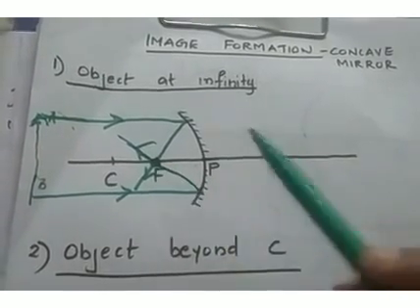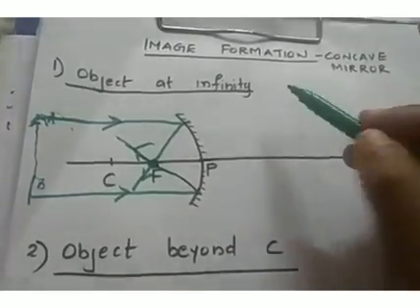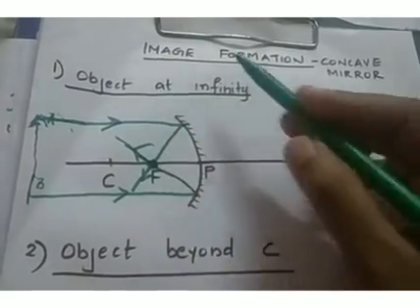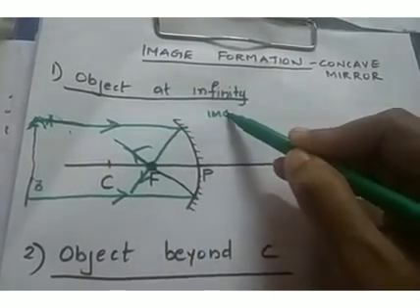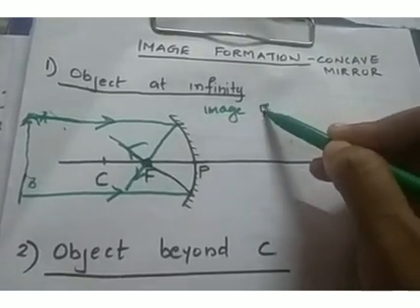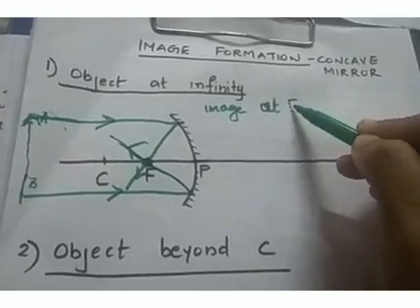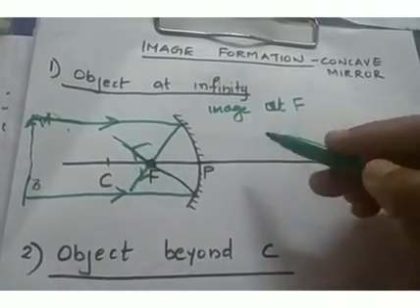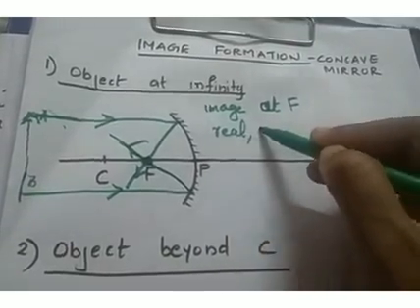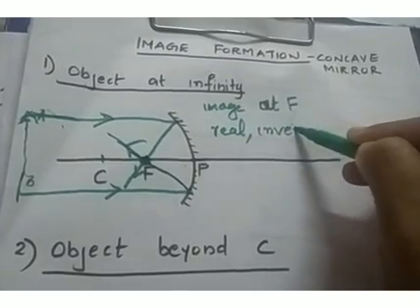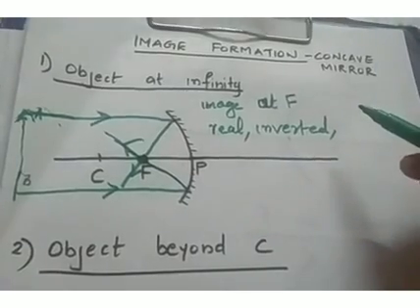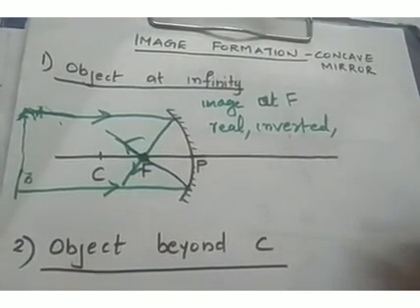At focus. So you will get the following information from this ray diagram. When the object is at infinity, where is the image? Image is formed at focus. And what is the nature of the image? It will be a real image, and since it is real it will be an inverted one. And what is the size?